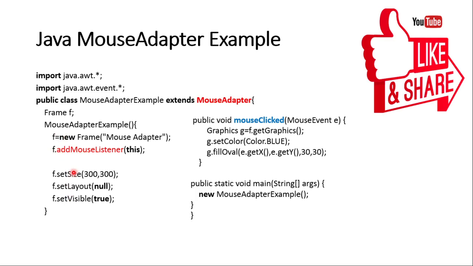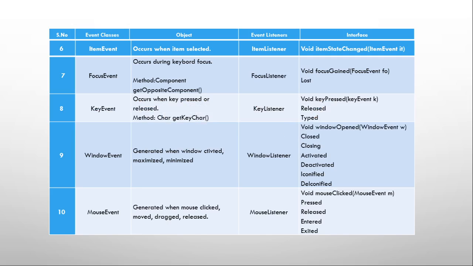These are the things we know: set size, layout, visible. And here you see, I have used only one method, that is mouseClicked. I'll take you to the previous video slide. You see this, I have just used void mouseClicked, only this method. I have omitted all the others, but basically underneath this mouse listener we have got 5 methods. If you are using this mouse listener, then definitely you need to provide implementation for all these methods. But if you are using the same concept with an adapter class, then you can omit them.